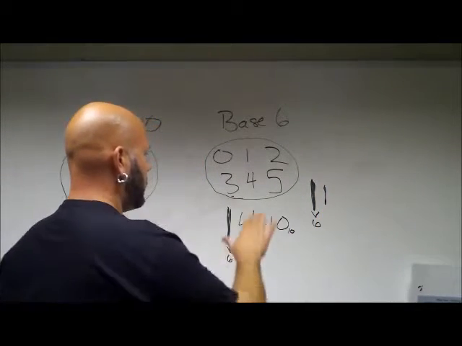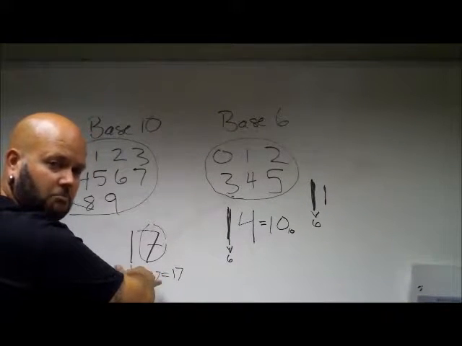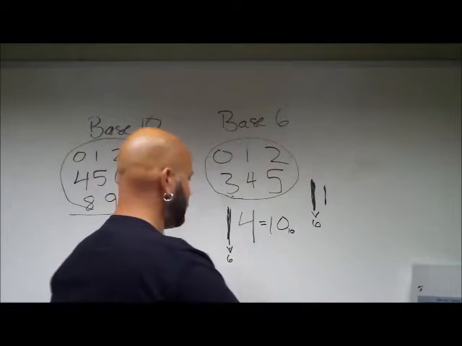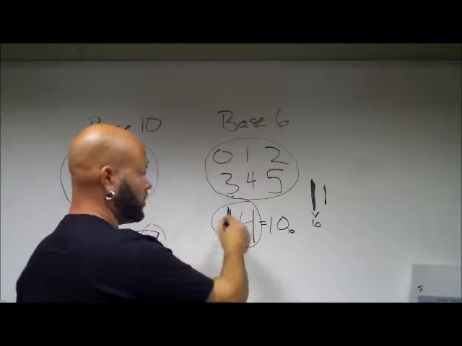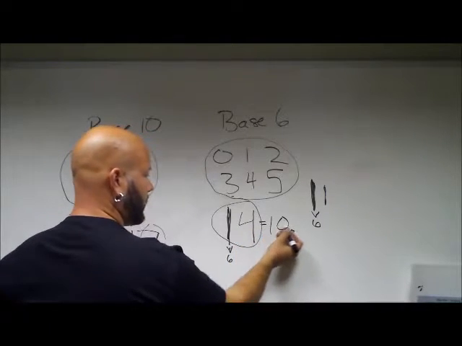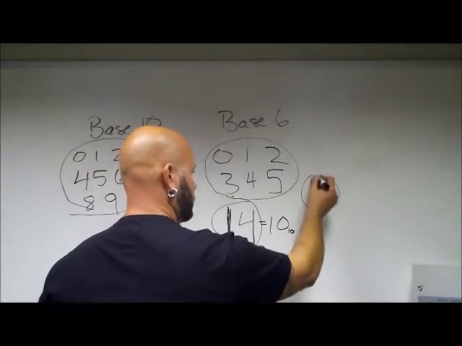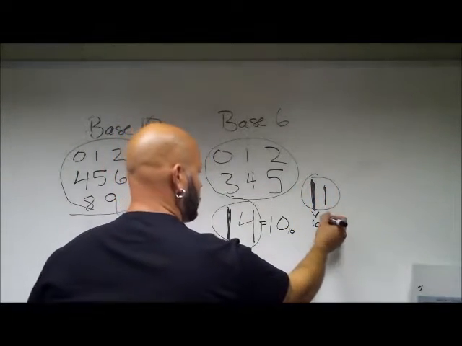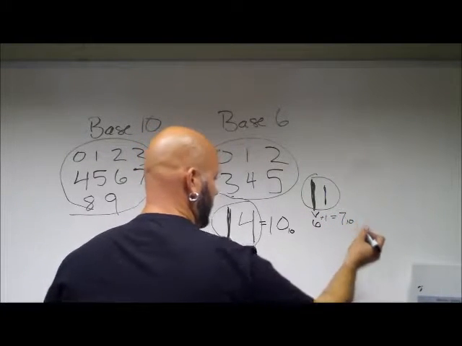So to get 17 in base 10, as we all know, and express it in base 6, we're going to take this number, which is 1, 4, which we've already figured out means 10 in base 10, plus this number, which is 1, 1, or 11, which we've taken to realize as being 7 in base 10.